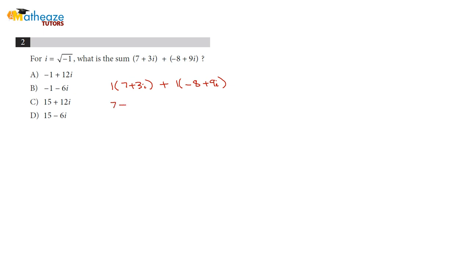So we have 7 plus 3i minus 8 plus 9i. Let's group common terms together. We have 7 minus 8 plus 3i plus 9i, and then we have negative 1 plus 12i. So we have A for our answer.